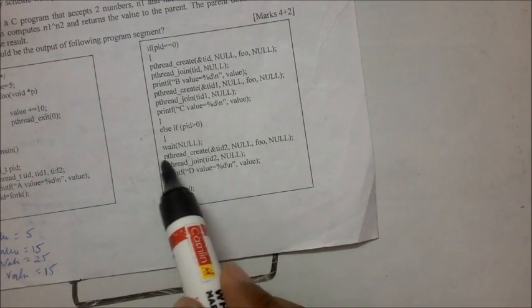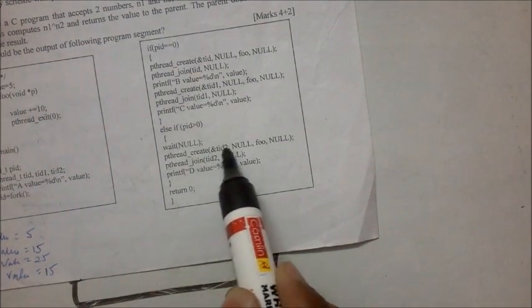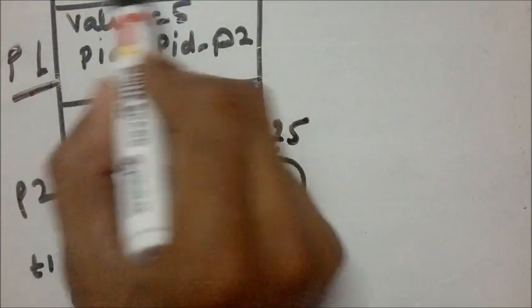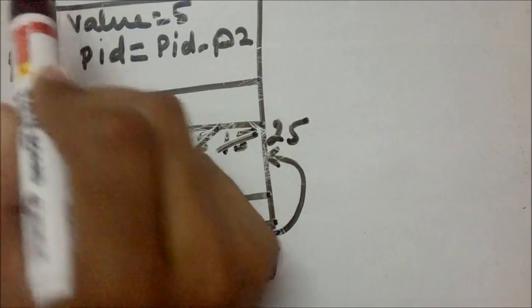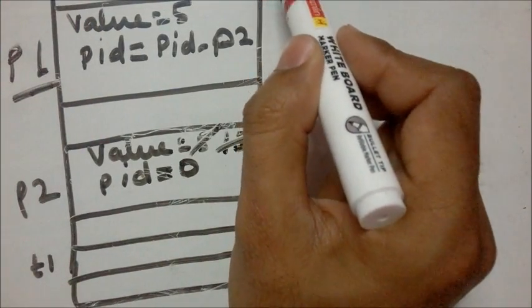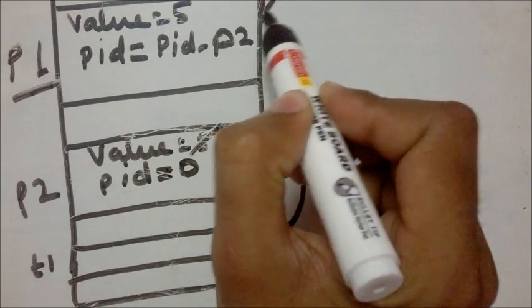So we are again creating a thread in the parent process. So a thread t2 is created here, which is accessing the address space of process P1, right?